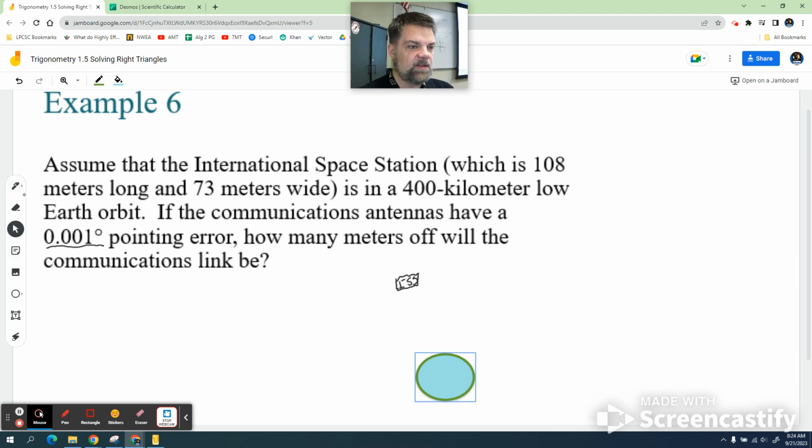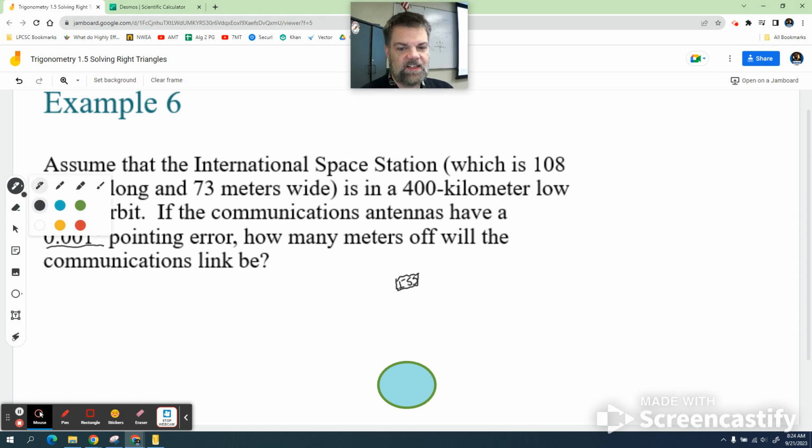And the distance, we know that the distance from Earth to this thing is 400 kilometers.